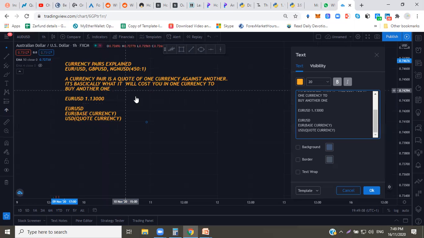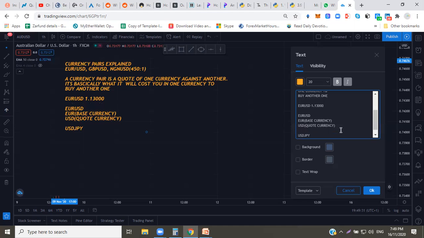Okay, so let's pick another one. Do you understand me so far? Yes. Okay, now let's pick another pair. USD JPY. If you look at this pair, automatically you see that the USD is on the left and the JPY is on the right.